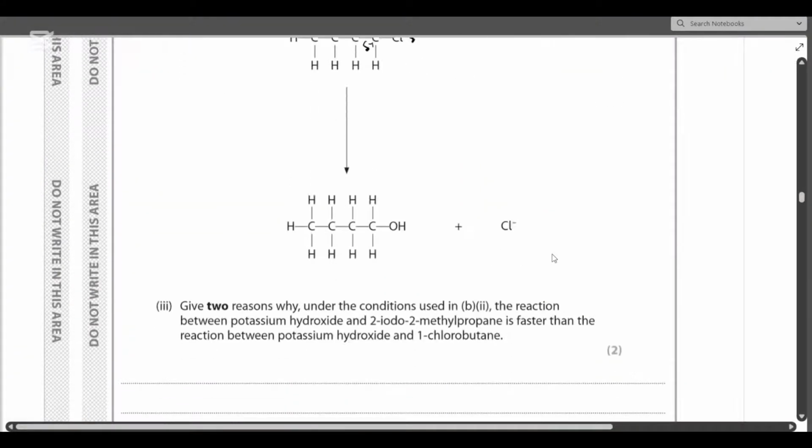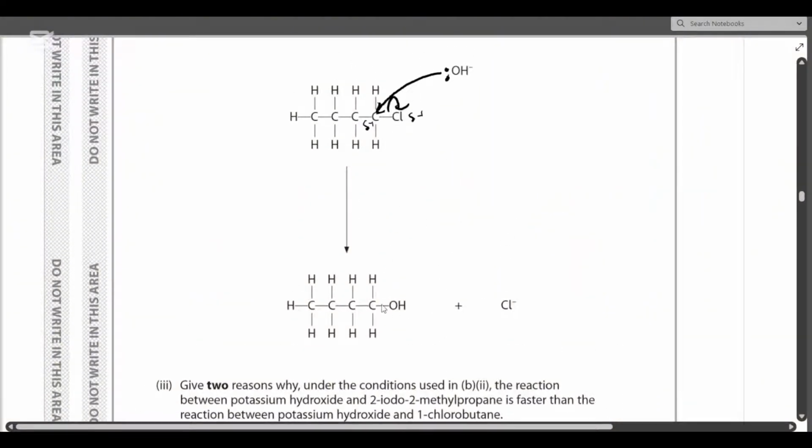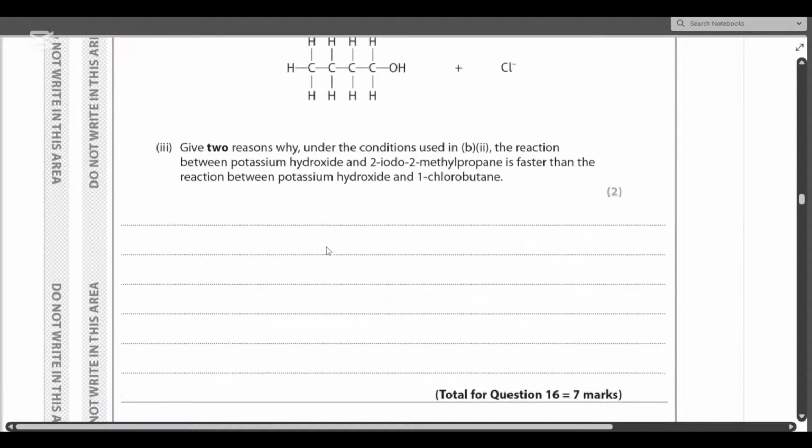This will cause the Cl minus to separate, while the OH gets a chance to join with the empty orbital present in this particular carbon produced during the mechanism.